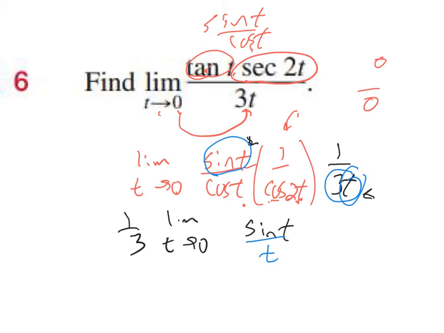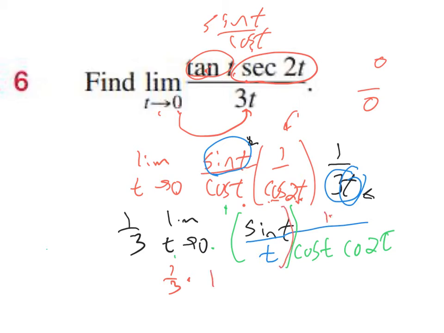And what am I left with? I'm left still with this cosine of t and a cosine of 2t in the denominator. Now this is the identity that we just had. Regardless, t is going to 0, this turns into 1. So all I'm left with now is 1/3 times the limit of this piece, which is 1, times the limit of this as t goes to 0.